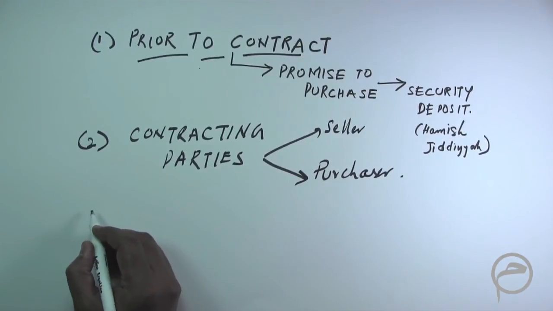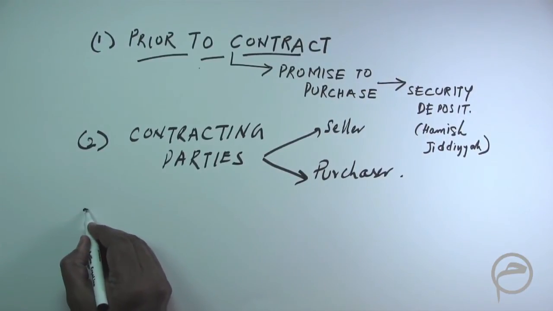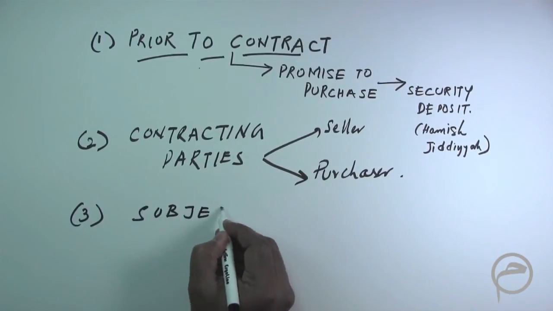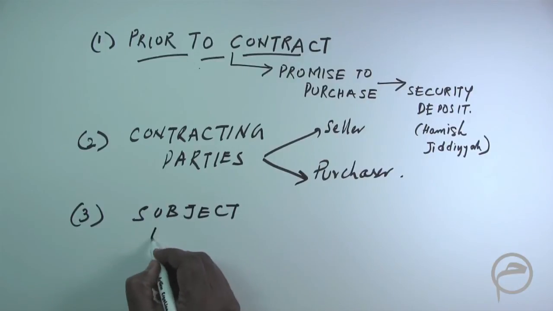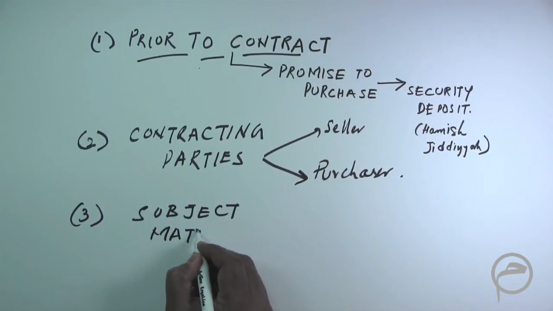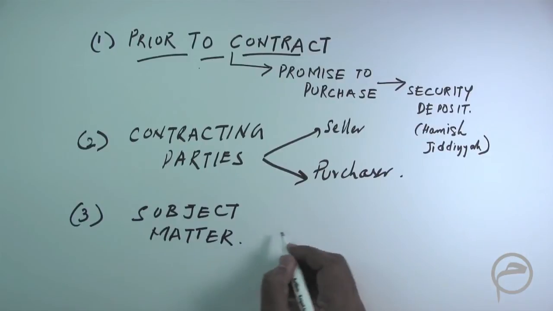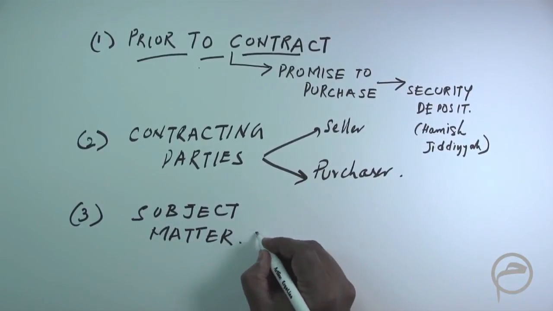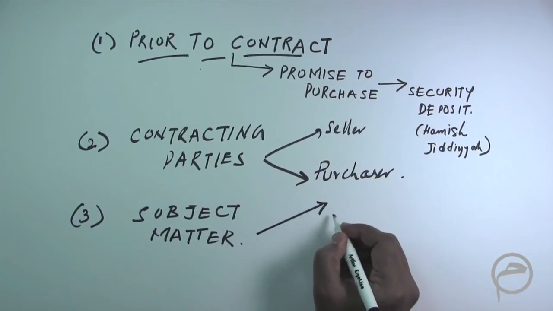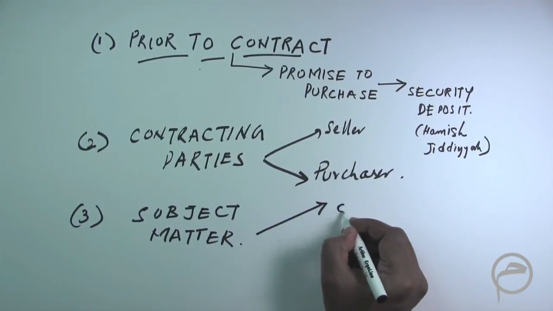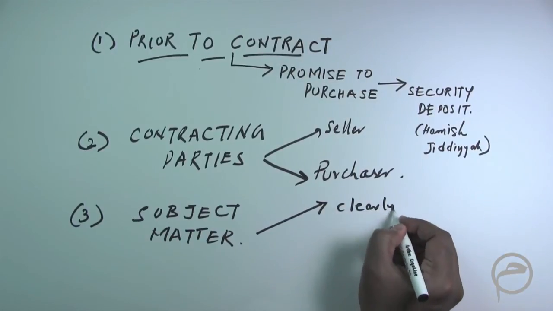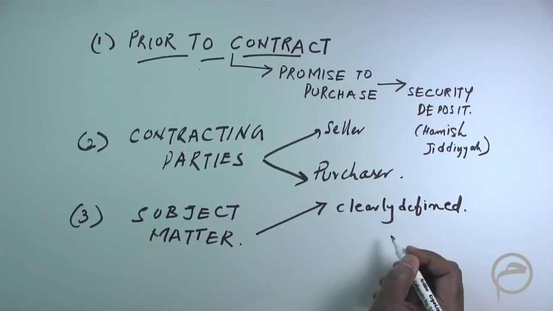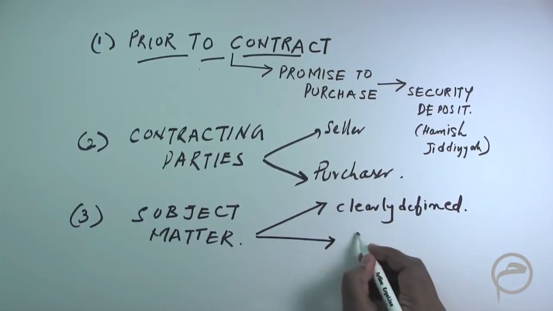The third principle which we talked about is with reference to the subject matter. Here, there are certain things which we have to clearly understand. Number one, which is quite important, is that the asset has to be clearly defined. The asset has to be identified.